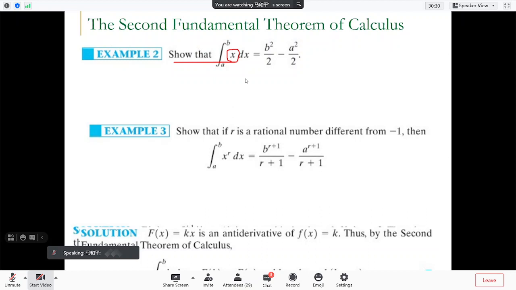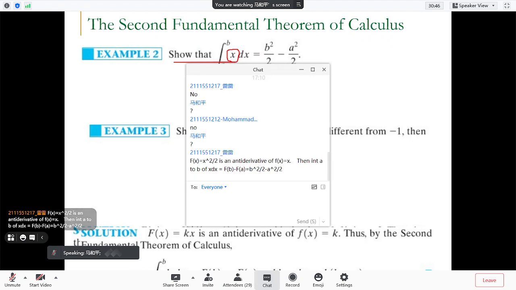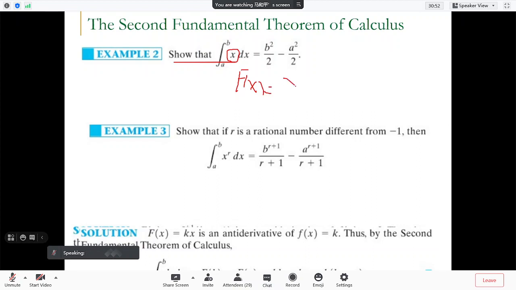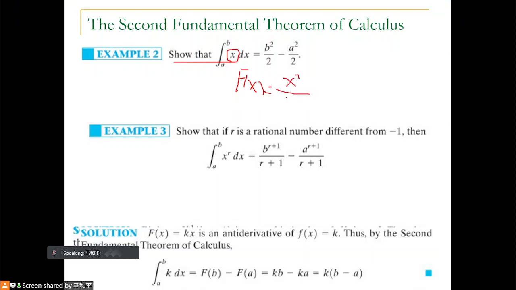You can choose one: F(x) is equal to x squared over 2. And then this definite integral is equal to F(b) minus F(a), so it's equal to b squared over 2 minus a squared over 2. Right? Yes, right.